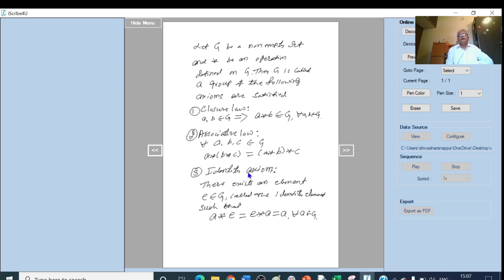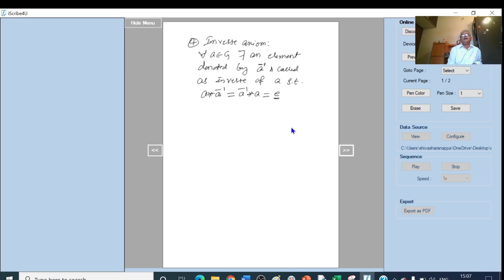And the third one is the identity axiom. That is, in G there exists an element, which we usually denote by E, and we call this E the identity element. And E is such that A star E equals E star A equals A. This is true for all A belonging to G. And the last one is the inverse axiom.